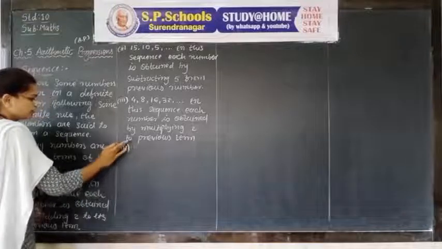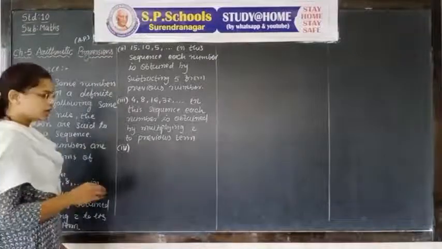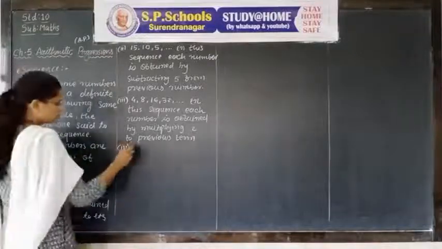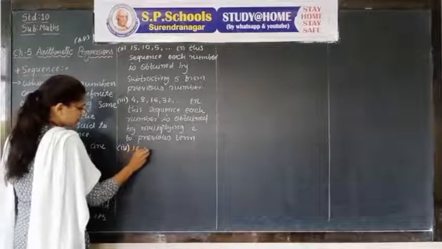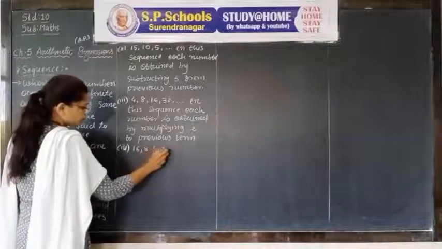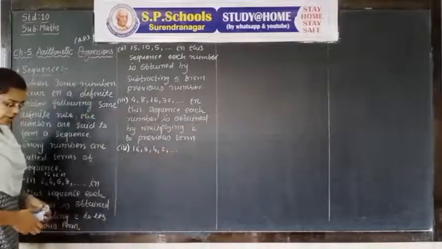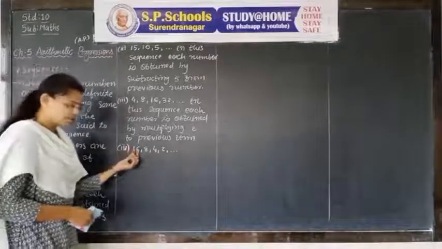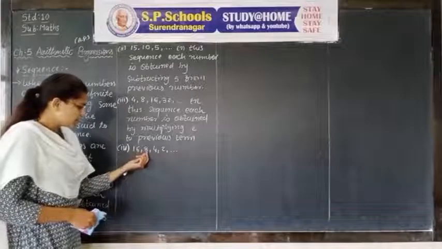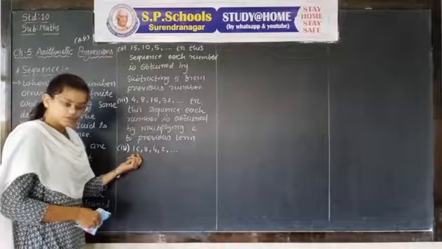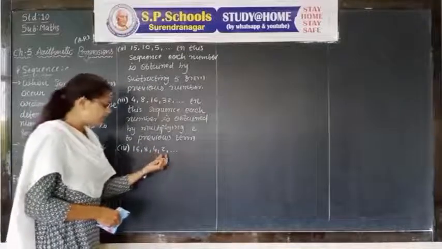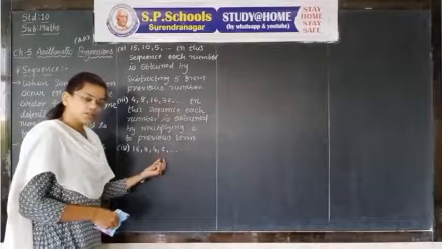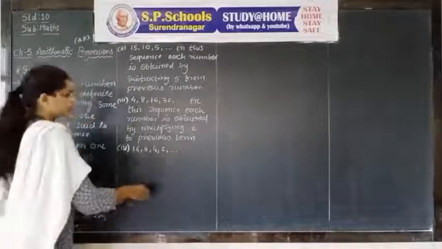Next, the fourth example uses division. 16, 8, 4, 2 up to infinite. Here the term is 16. Next 8. 8 is obtained by dividing its previous term by 2. 8 divided by 2 we get 4, 4 divided by 2 we get 2, 2 divided by 2 we get 1.